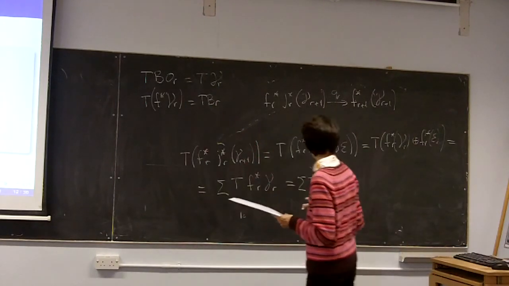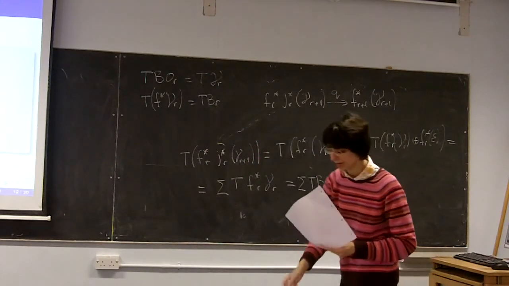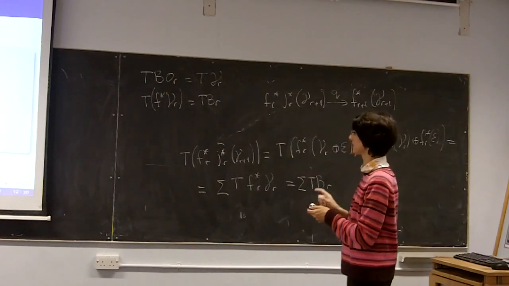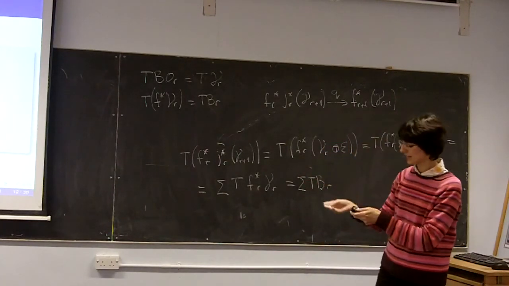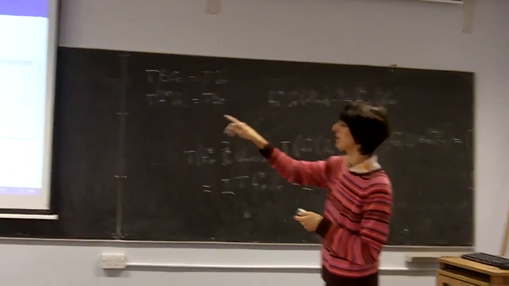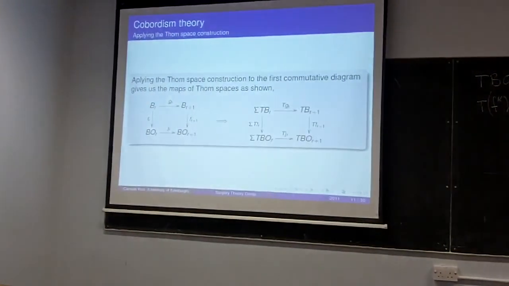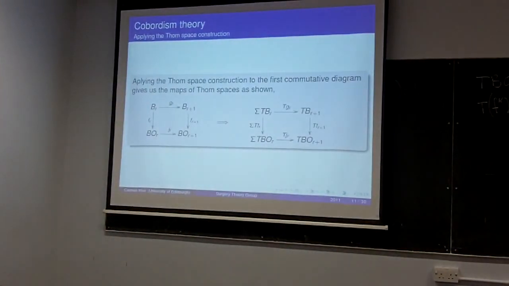I already get this. So now I can see that this diagram implies that our diagram comes from taking the Thom spaces of the vector bundles.